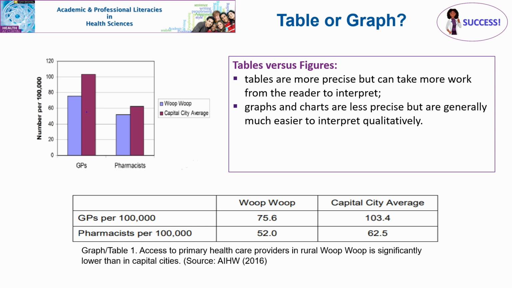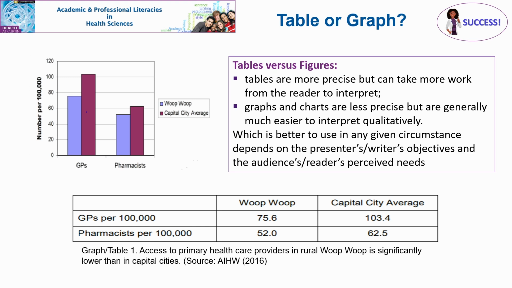It's difficult to see the specific figure, but easier to interpret qualitatively by your audience members. Ultimately, which is better to use in any given circumstance depends on the presenter or the writer's objectives and who the audience or the readers are and their perceived needs. So you need to make that decision.